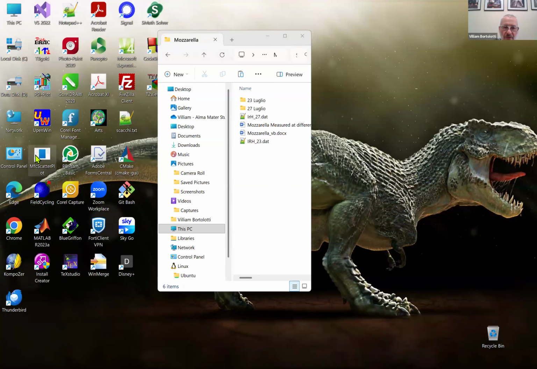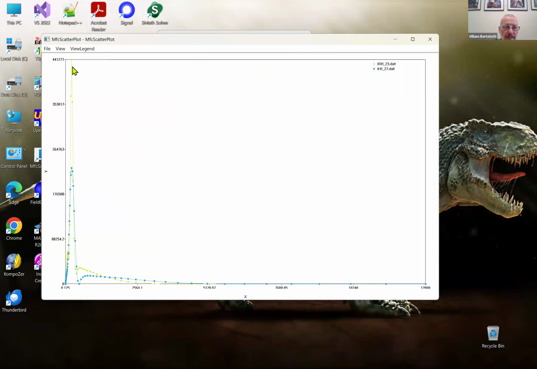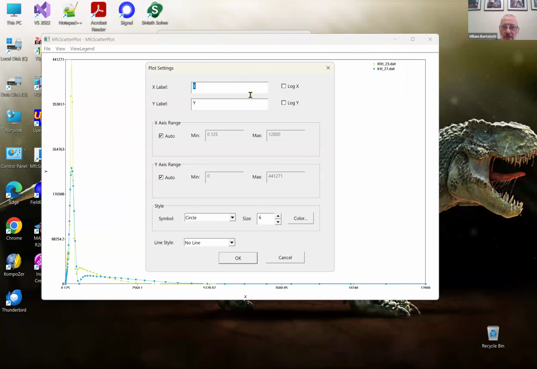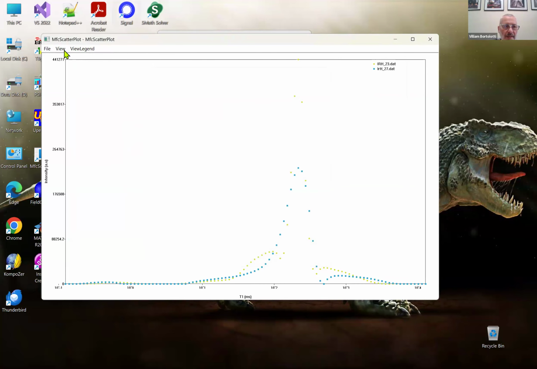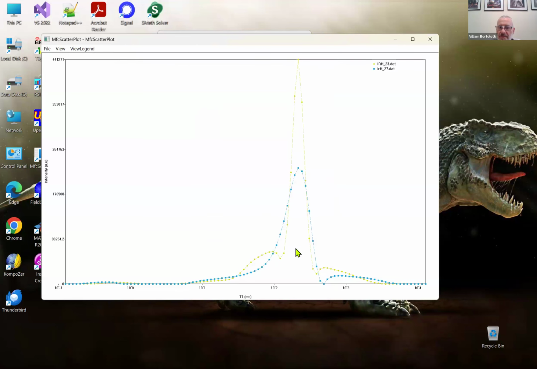Using some software, I use this homemade software, you can open these two together and compare the results for the two and decide something about the real evolution of the sample, this appears, this disappears, this peak for example.